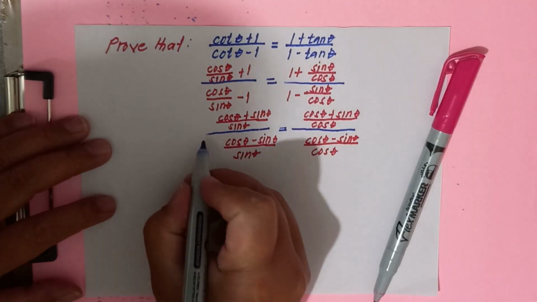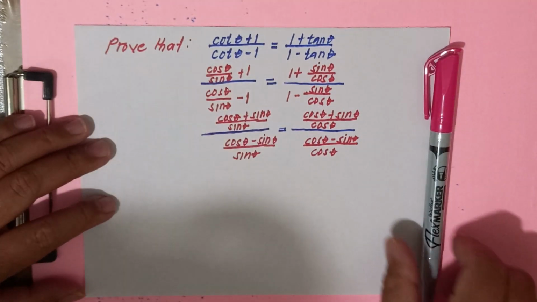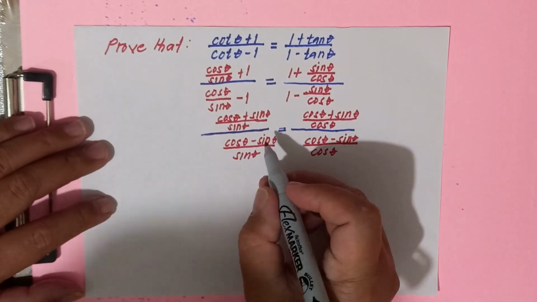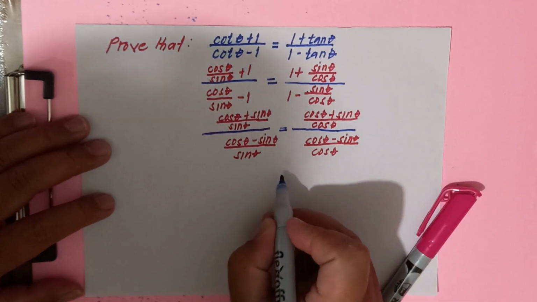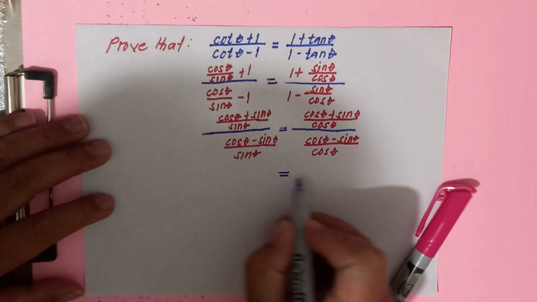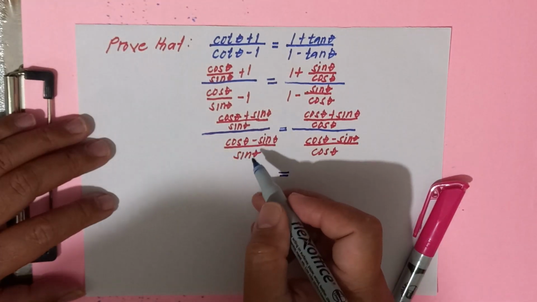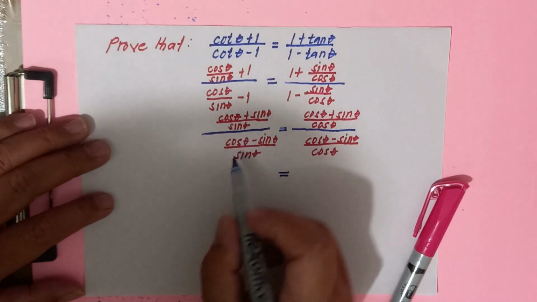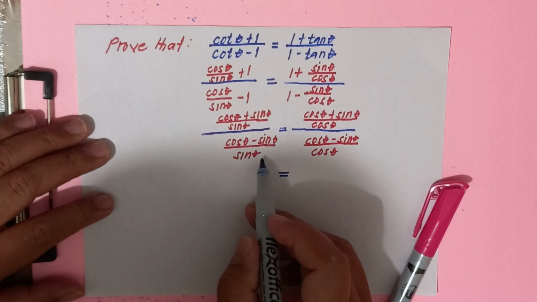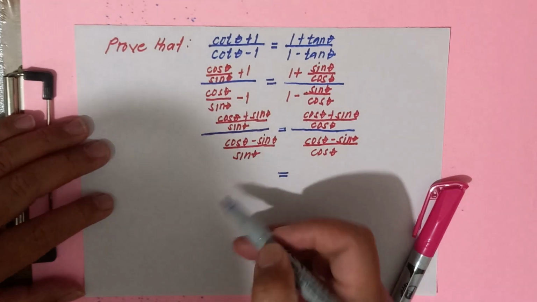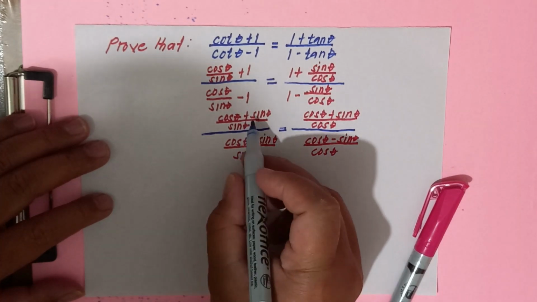Now, notice that in here now, we have the resulting complex fraction, division of a fraction. Okay? So, division of fraction, what did we say about the division of fraction? We always get the reciprocal of the denominator. So, our denominator is cosine theta minus sine theta over sine theta. So, that is our denominator. And then proceed to multiplication. So, let's try to see first. Copy first the numerator.